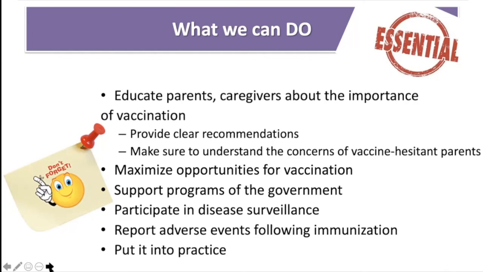We have to support programs of the government and encourage patients to participate during the supplemental immunization activity, especially that of measles. I encourage you to participate in disease surveillance and reporting, and not just for the diseases but also adverse events following immunization. And lastly, to walk the talk. We ourselves should advocate vaccination and have ourselves vaccinated with the recommended vaccines for age.